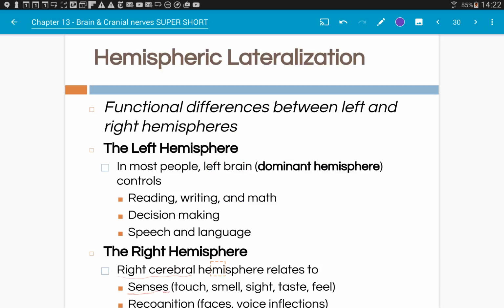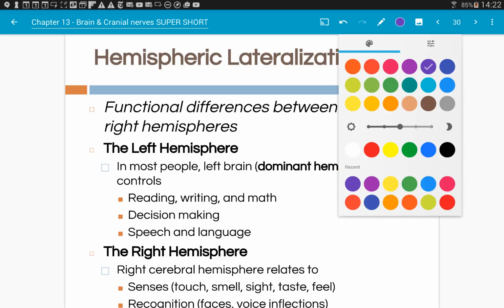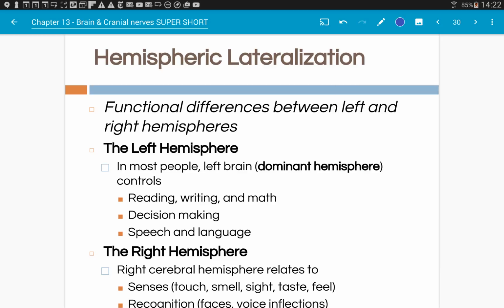All right, so a little bit of the differences between the right and left hemisphere. So there are differences in the function, and some of the regions there's just very different functions between the right and left hemisphere. They say that most people are considered left-brained, but there are still plenty of people who are also right-brained. And so that means left brain, the left hemisphere is more dominant. Or right brain, the right hemisphere is more dominant.